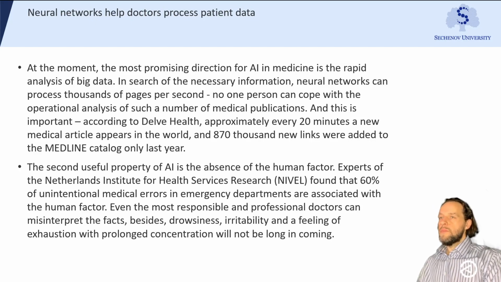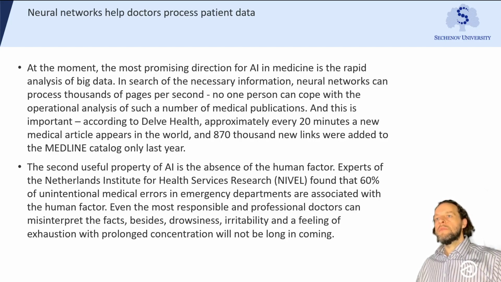One of the most important applications for neural networks in healthcare is data search, data study, and knowledge gathering from scientific publications.